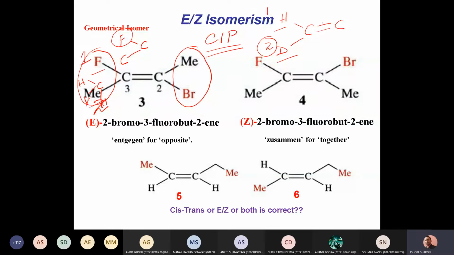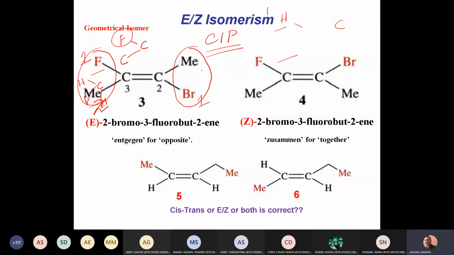Anyway, I was saying that fluorine will get priority number 1 and this carbon will get priority number 2, and in this case, bromine will get priority number 1 and methyl will get priority number 2. Now, with respect to this double bond, we have to check whether the first priority groups are on the opposite or the same side.